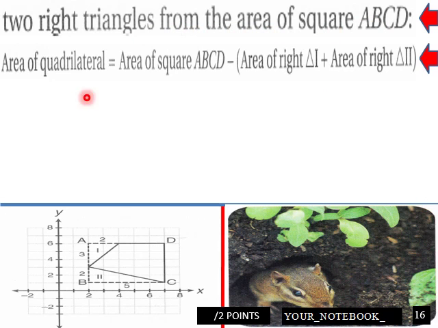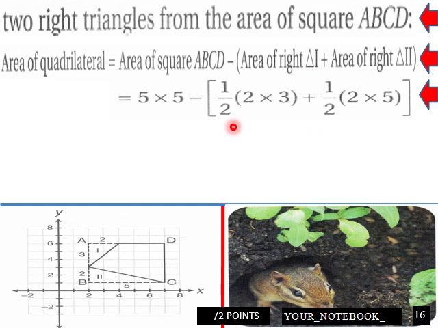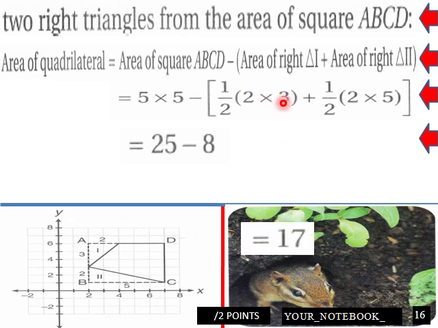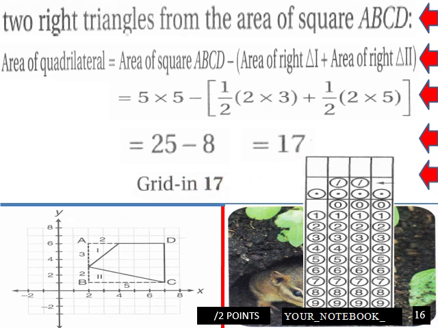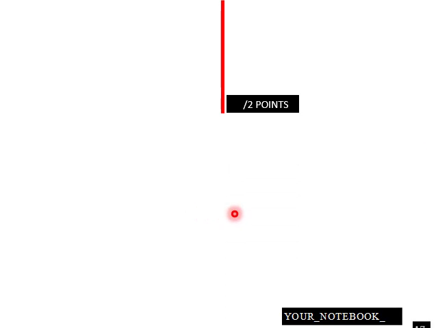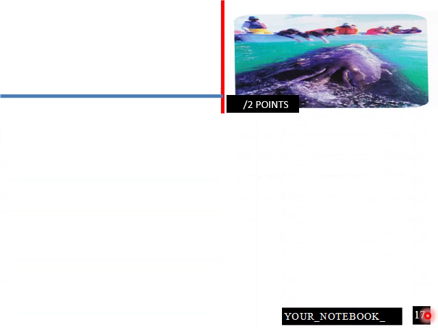So the area of the quadrilateral equals the area of square ABCD minus right triangle 1 and right triangle 2. So 5 times 5 minus the two triangles: 25 minus 8 equals 17. 17 for that one. Then we're on page 17.